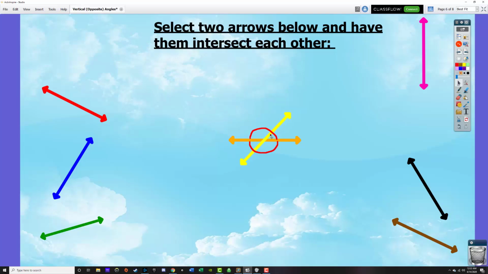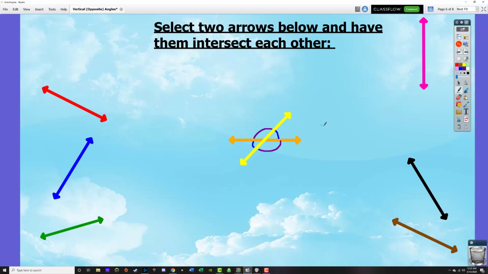And when we have that second line go through it, instead of having two angles, we now have one angle here, one angle here, a third angle here, and a fourth angle right here. As you can see, we have two pairs of vertical or opposite angles.